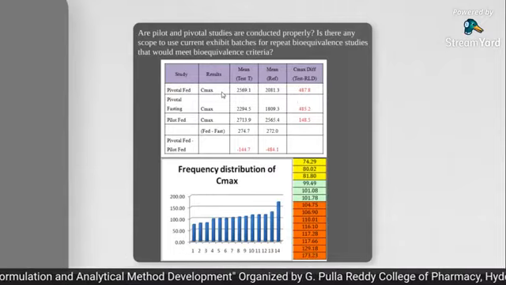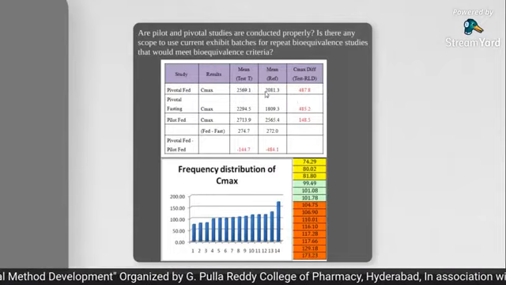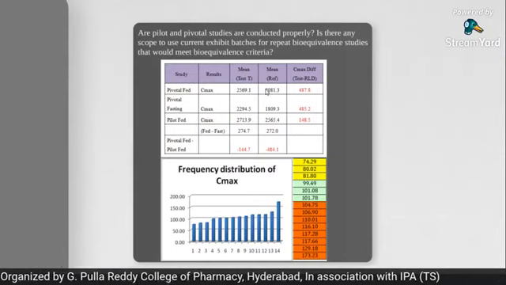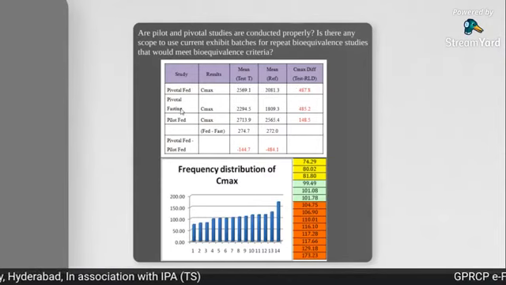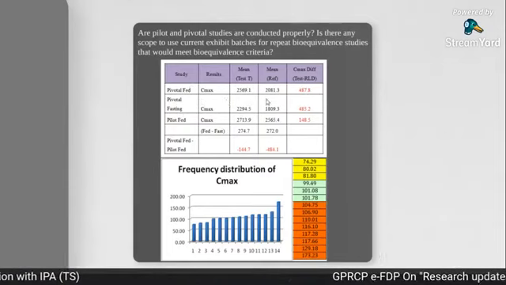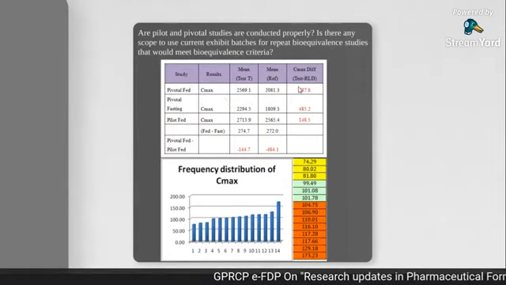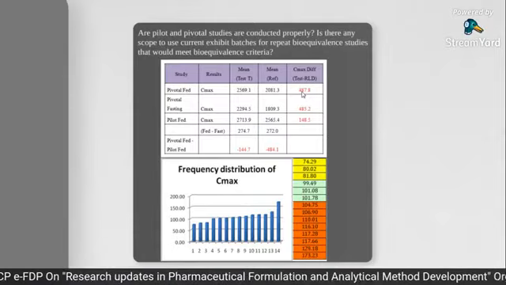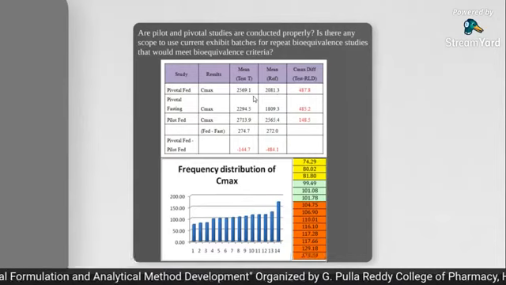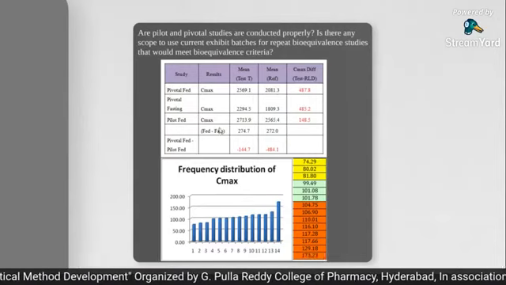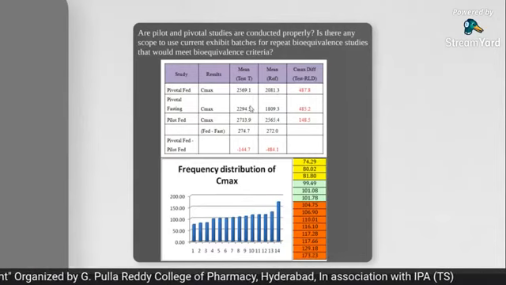Here you see the difference between Cmax of test versus reference. The difference between these two is 487, and in the fasting also, fed and fasting both, the Cmax difference is 485, 487. It is not the ratio I'm telling, it is the Cmax value difference, 487 and 485. And if you look into the data, fed minus fasting, the difference is 274.